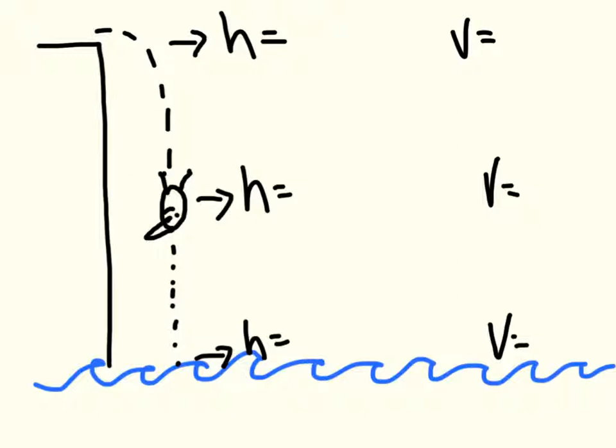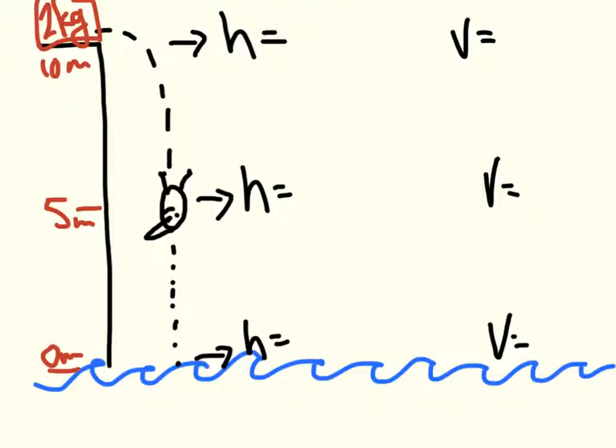Now, here we had our penguin, poor penguin. What do we have? Our 2 kilogram penguin up top. And this was 5 meters, 10 meters, and then the height at the water is 0. So what we're looking for is height and velocity.